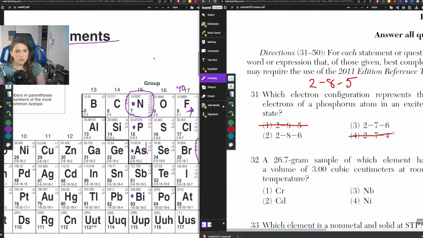So here, no, and here, no, right? This one's just adding an electron. This is subtracting 2. It is actually choice 3. The electron from level 2 jumps up to level 3, so you would subtract 1 from there, but add it back in the third level. So it would become 2-7-6.